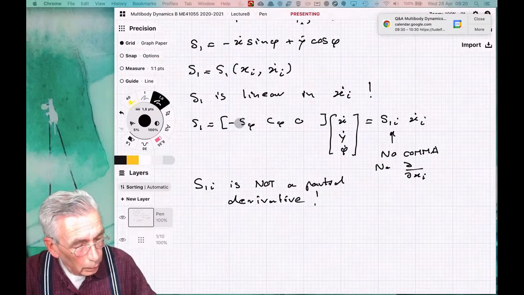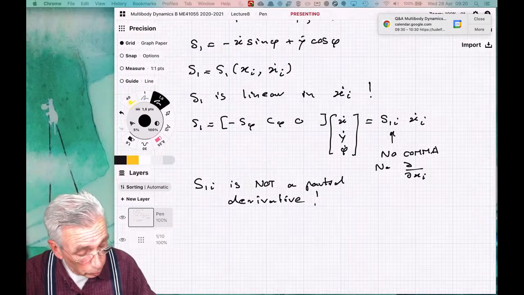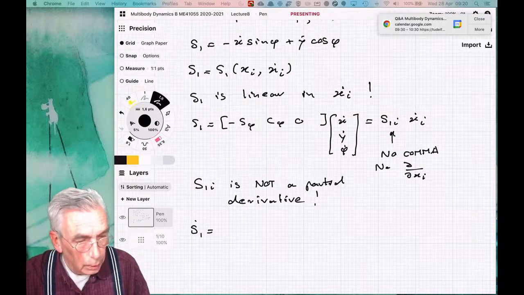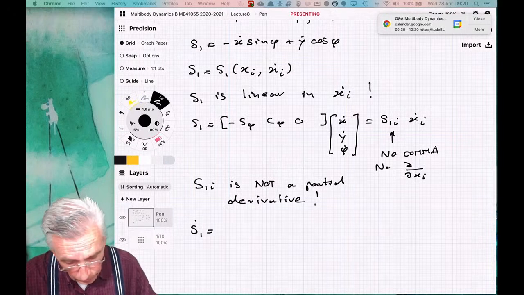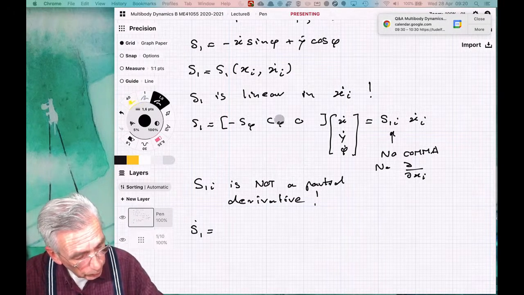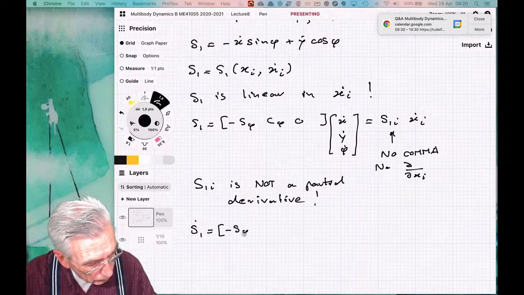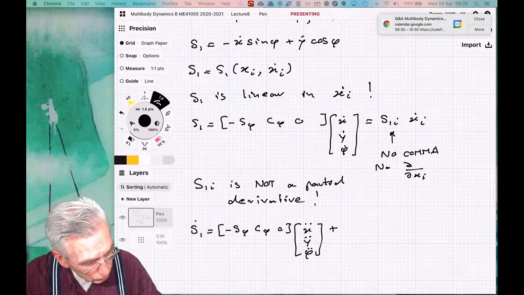Okay, of course we will need our constraints not only on the velocity level but also on the acceleration level. So s dot, the side slip acceleration, you could say. So what is the side slip acceleration? Well, I keep this constant and I differentiate that. So then we have x double dot, y double dot, phi double dot, plus all these mixed terms.